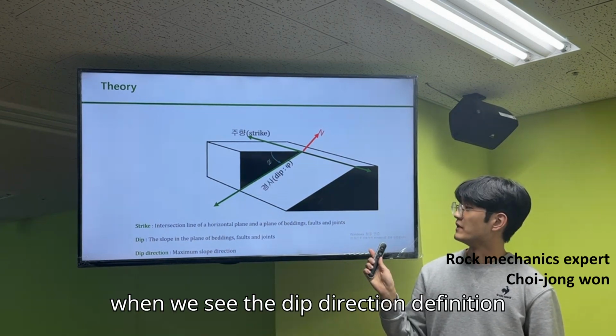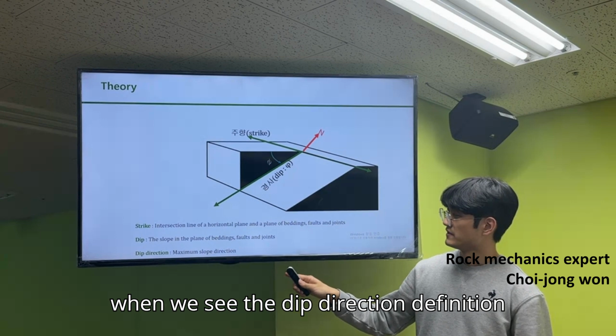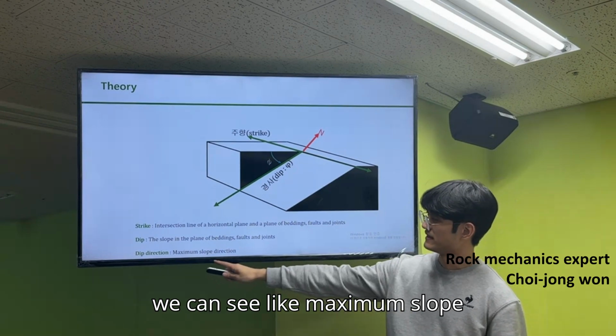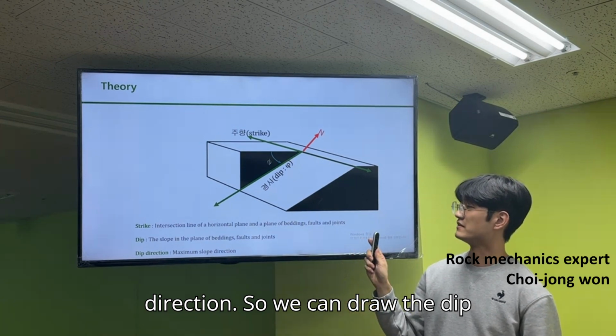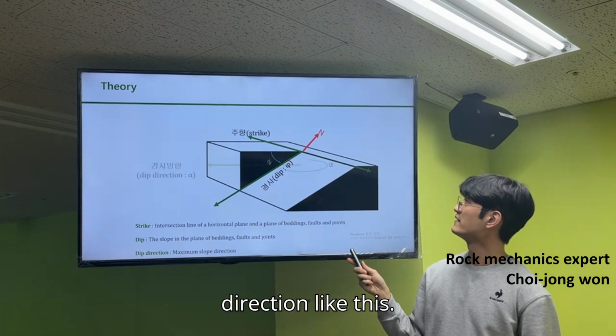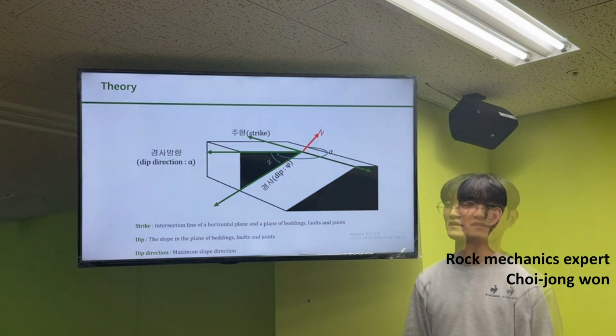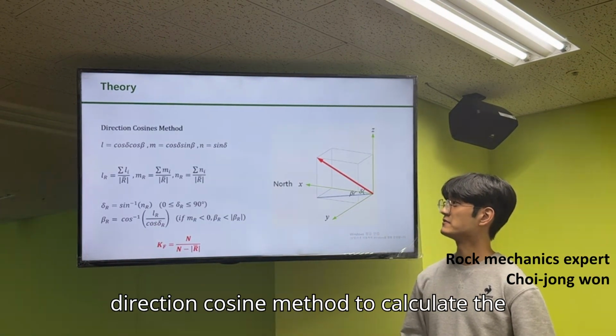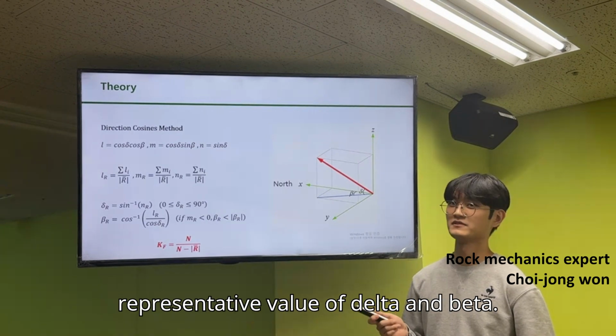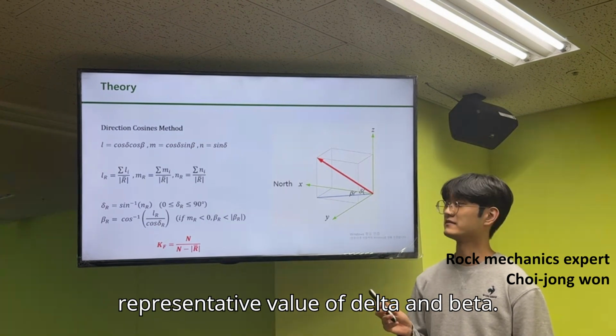And when we see the dip direction definition, we can see it is the maximum slope direction. So we can draw the dip direction like this. Okay, let's see the direction cosine method to calculate the representative value of delta and beta.